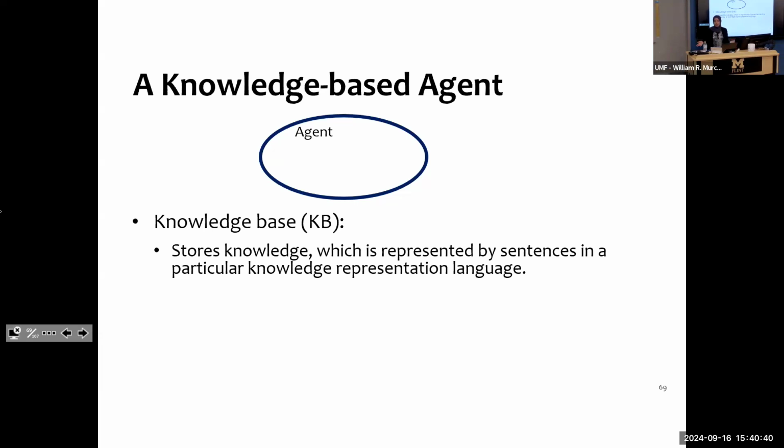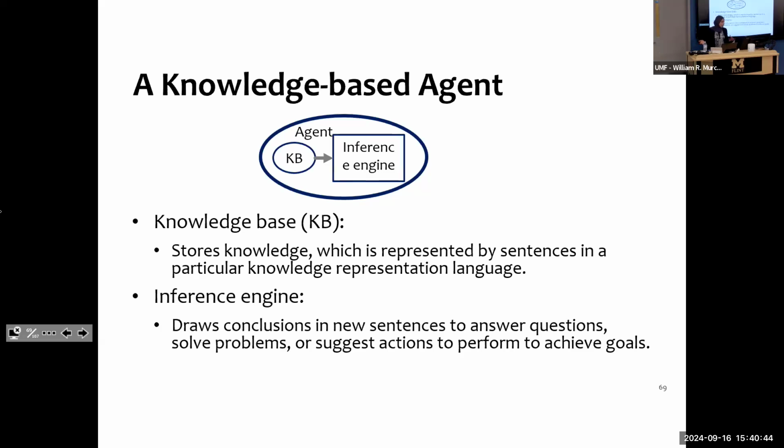For sure, we will take the example of English. The knowledge base interacts with the inference engine thanks to the agent. The inference engine draws conclusions as new sentences to answer questions, solve problems, or suggest actions to perform to achieve a given goal.